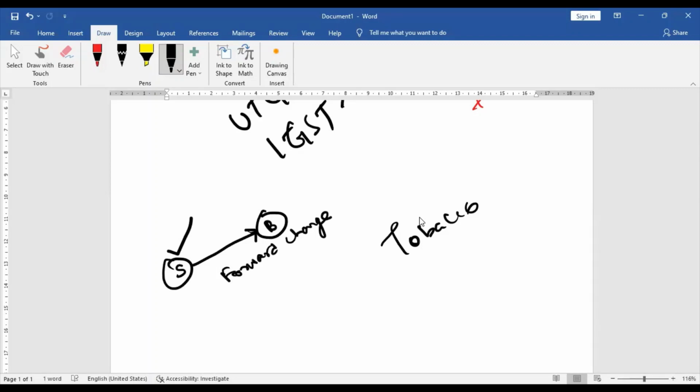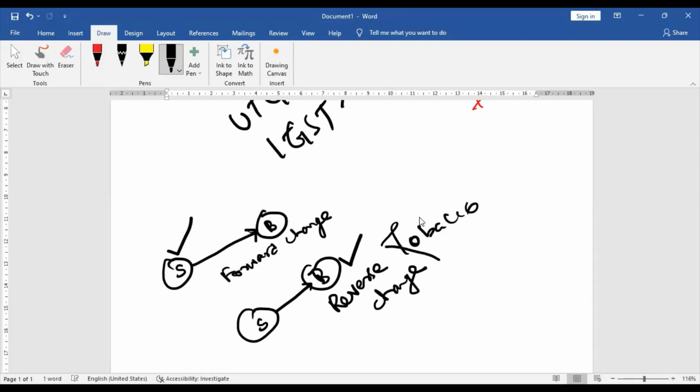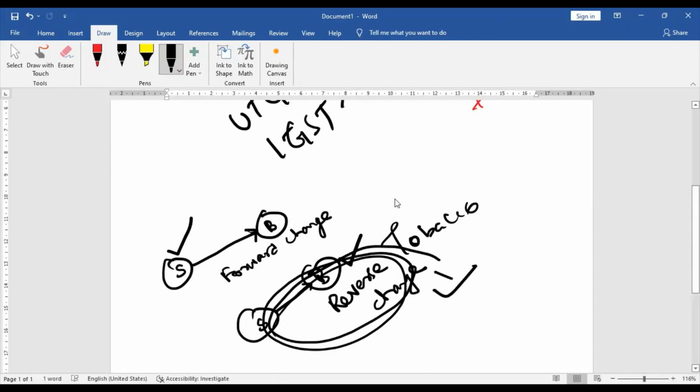But in some cases, where this is the supplier and this is the buyer, GST is paid by the buyer. This is called reverse charge. So in this case, we do not need to consider it in aggregate turnover.